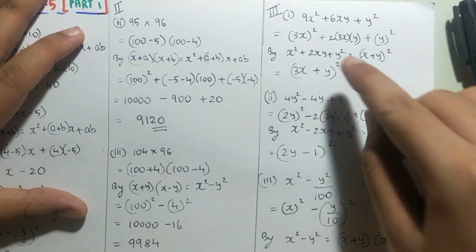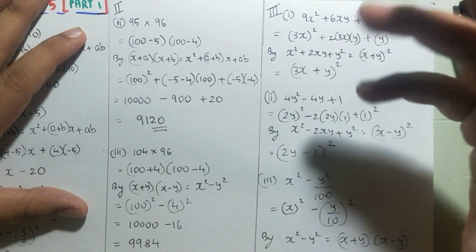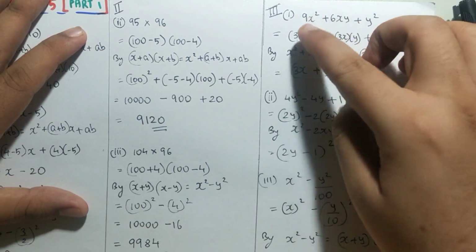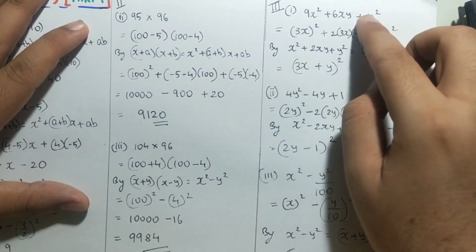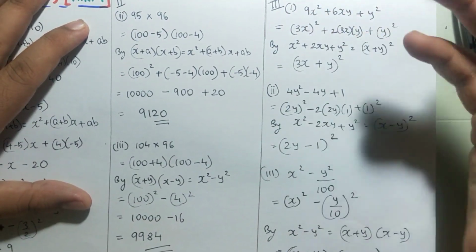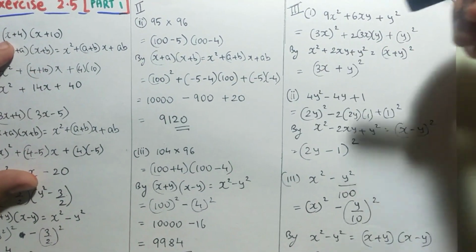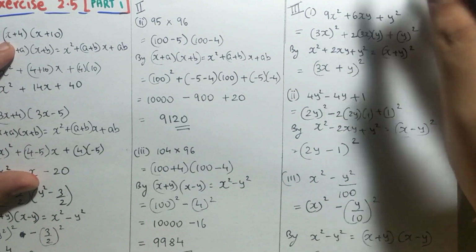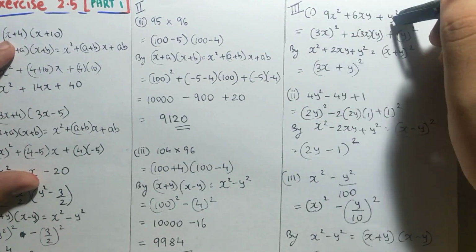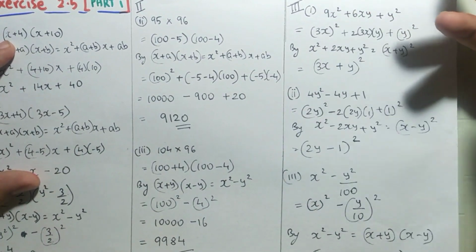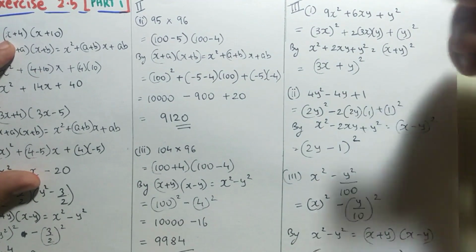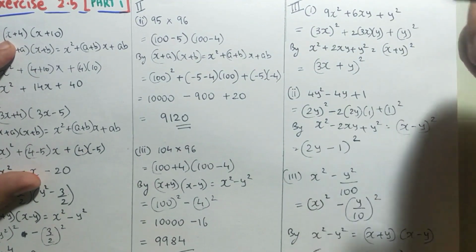But now what if they are not perfect squares? You may ask, there may be three terms, but we have checked that first and there are two perfect squares. What if there are no perfect squares then? In such cases, you have to go for middle term splitting. So if the first and last terms or any two terms are not perfect squares, in those cases you have to go for middle term splitting.